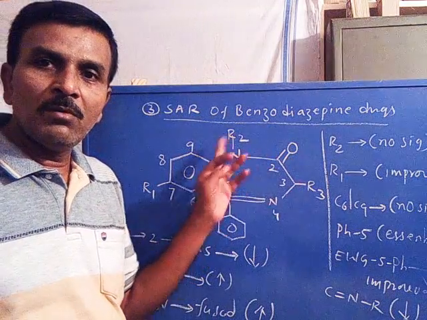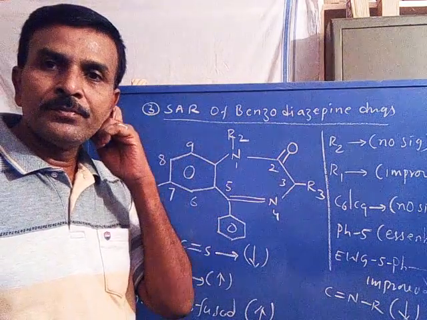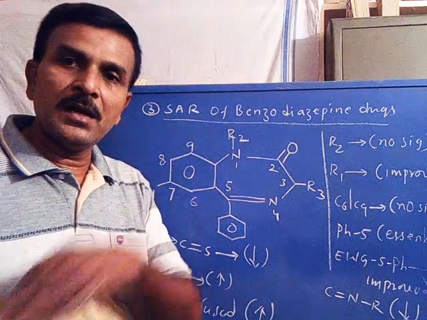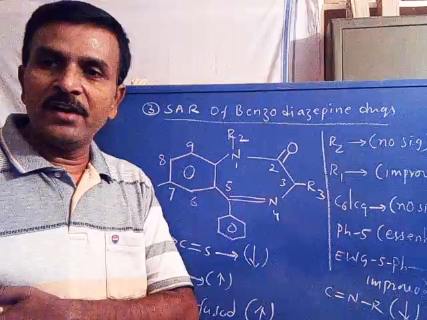If a C double bond O and nitrogens are fused or involved, fusion with the other carbon or with the other ring improved its activity.